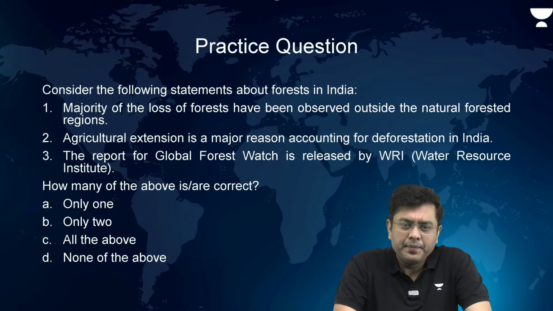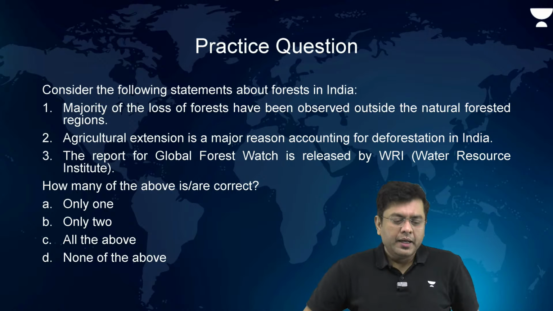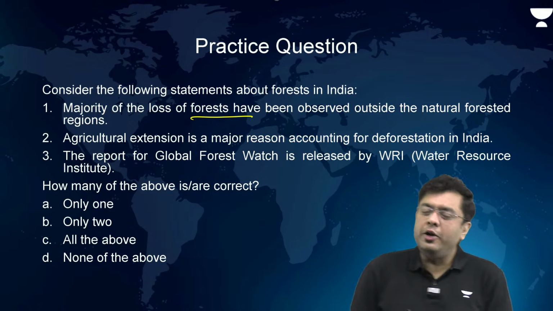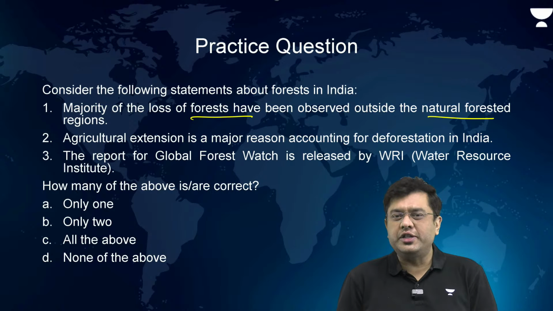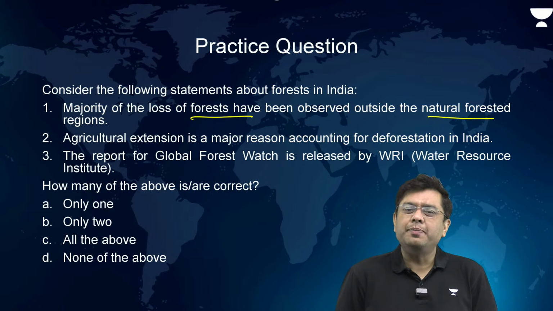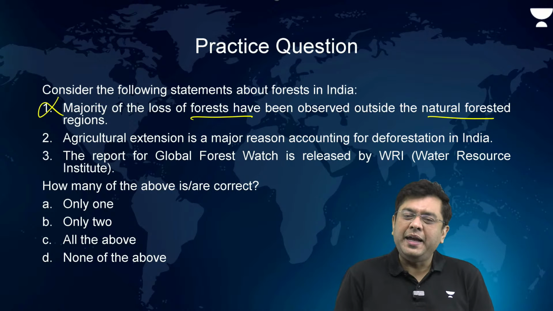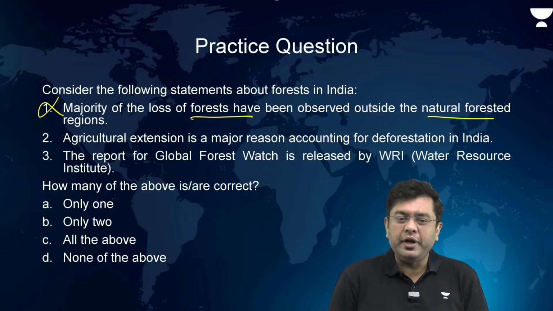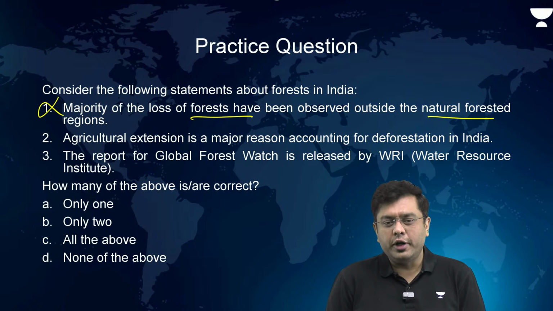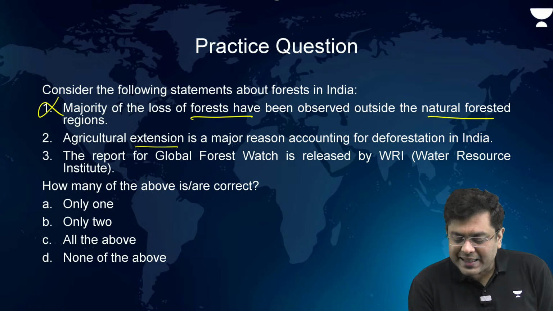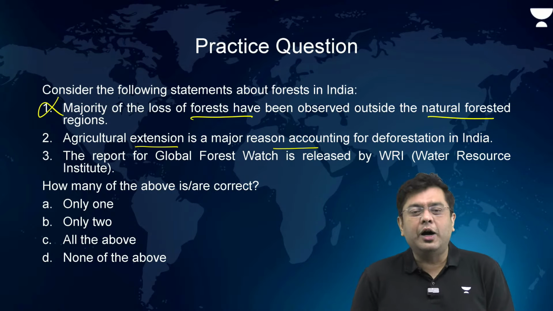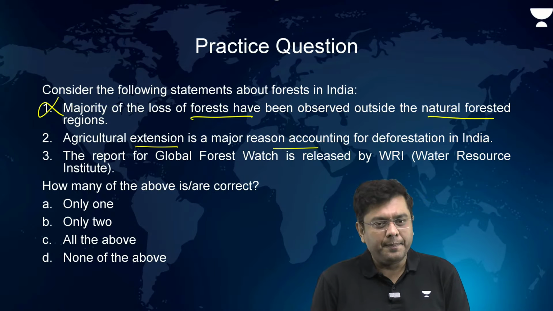So here, if we take a look at the entire question carefully, okay. Majority of the loss of forest has been observed outside the natural forested region. Is that statement correct? No. It has been within the naturally forested region where there has been a majority of the loss of forest. Agricultural extension is a major reason accounting for deforestation in India.